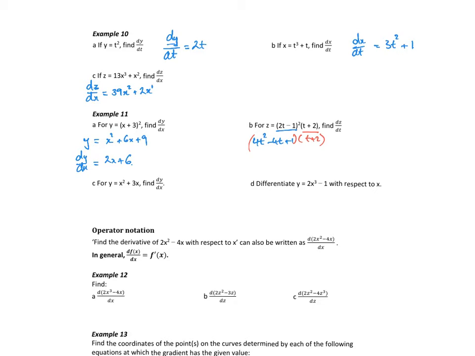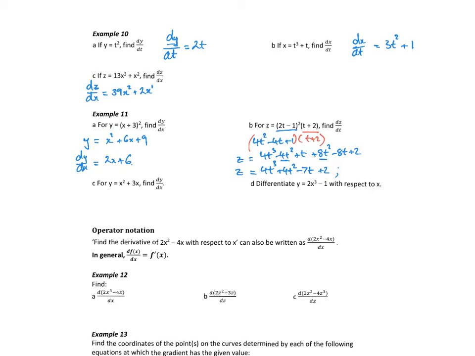So now if I expand that through, I'll get z is equal to 4t cubed minus 4t squared plus t. Now multiply everything by 2 plus 8t squared minus 8t plus 2. Group everything together. I've got only one lot of t cubed. Minus 4t squared plus 8t squared, plus 4t squared. Plus t minus 8t is minus 7t plus 2.